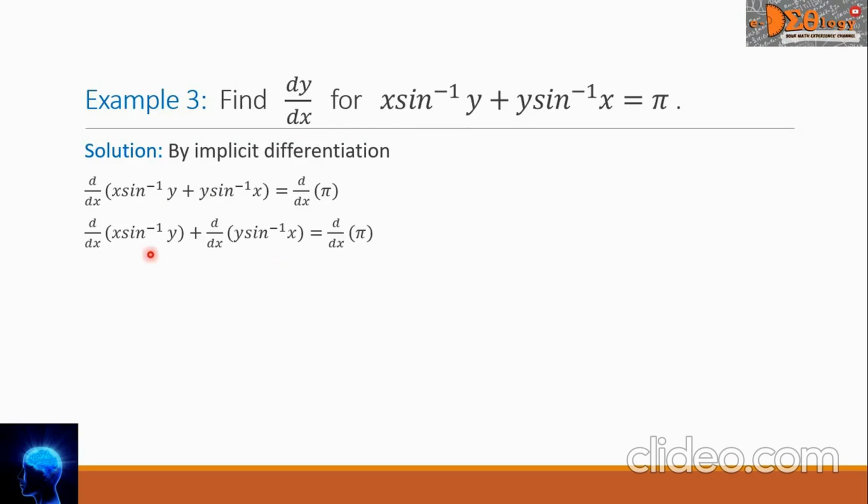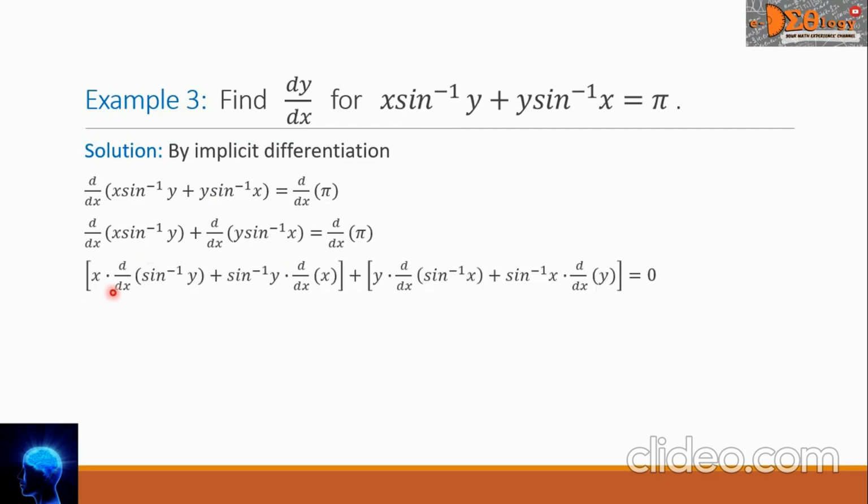For the first group here, we have now x times derivative of sine inverse of y, plus we copy that second function times derivative of the first function.